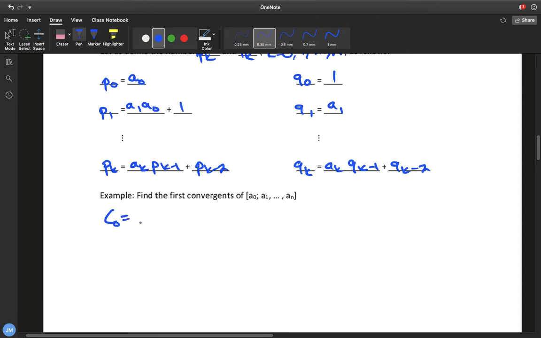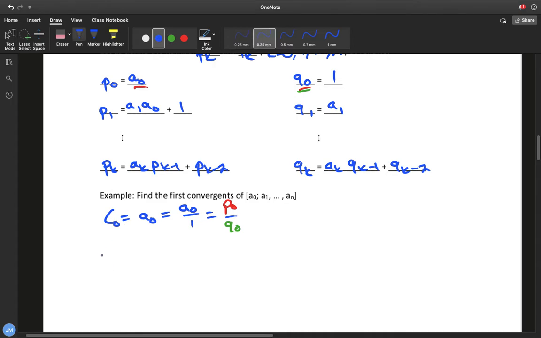Now C sub 0 is pretty easy. We already know C sub 0 is equal to A sub 0, but a convenient way to rewrite that would be A sub 0 over 1, where A sub 0 is the same as P sub 0, and 1 is the same as Q sub 0. And so that gives us a nice value where we can define C sub 0 to be the same as P sub 0 over Q sub 0.